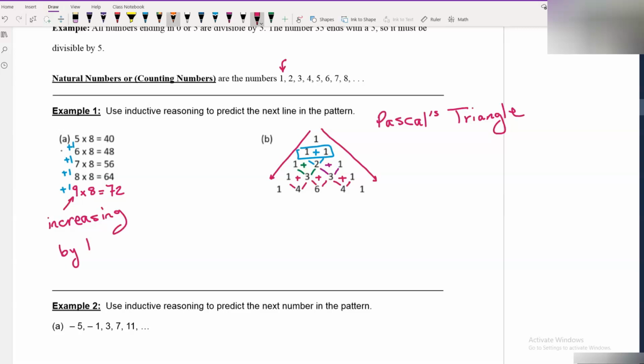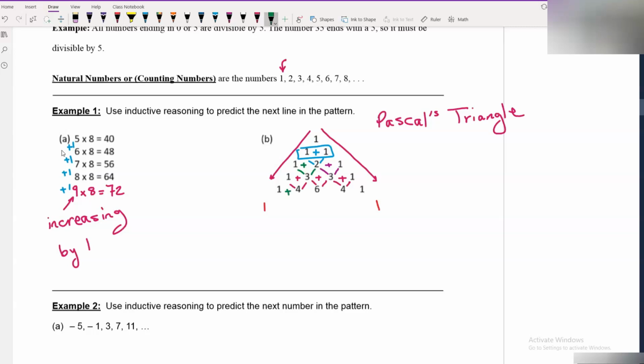we are going to have 1 here, because I said all these numbers here are 1. Here on this side, again, I have 1. Now we're trying to find these numbers in between.